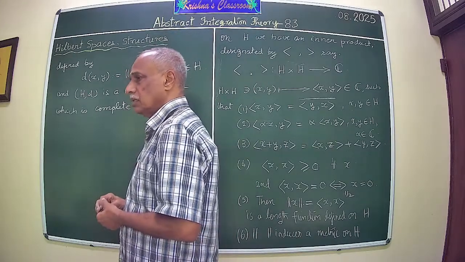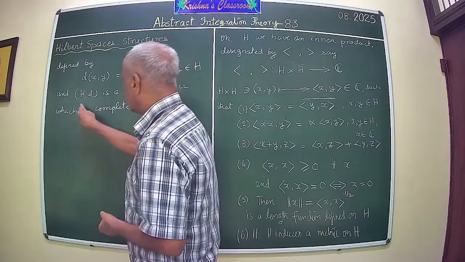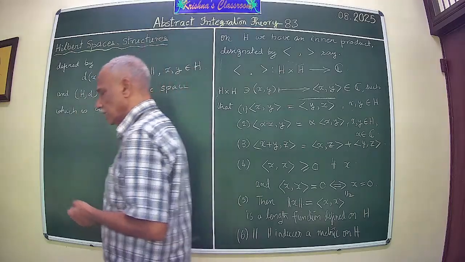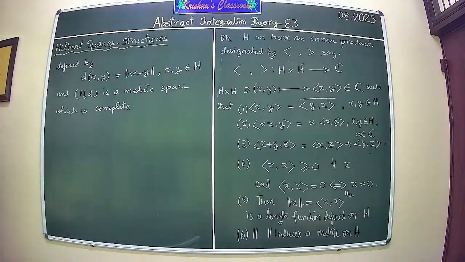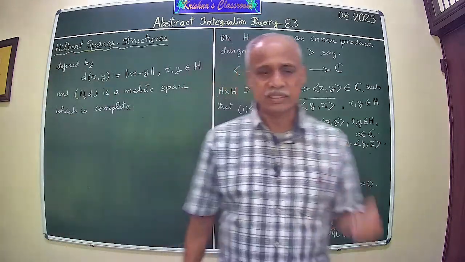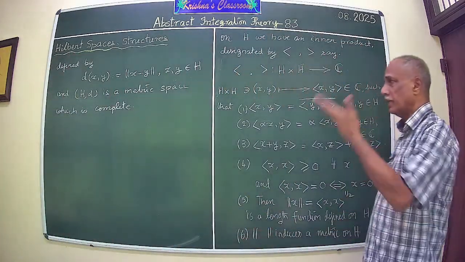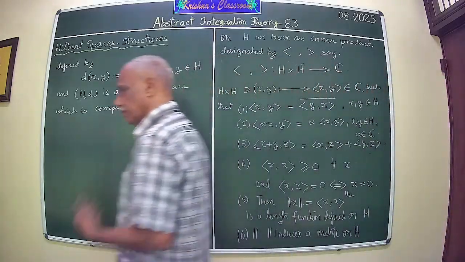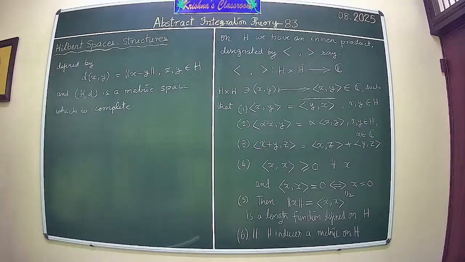Now, this metric space is a complete metric space. What does it mean? That means you take any Cauchy sequence of vectors in H, they converge to a vector in the space itself.